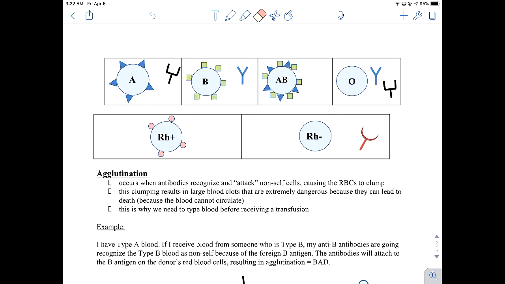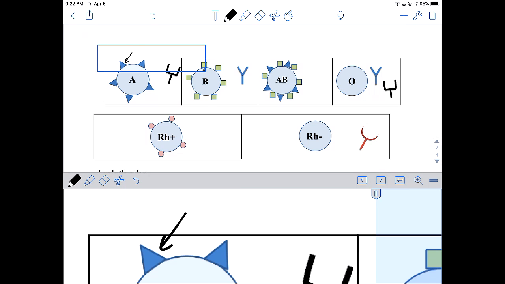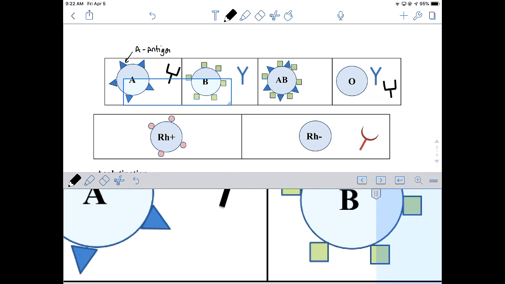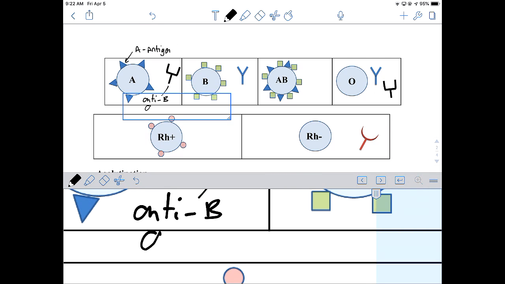So this is our little cartoon of how this looks floating around in the body without donation. In the A-type blood, we can see our A antigen here, and then our anti-B antibody.